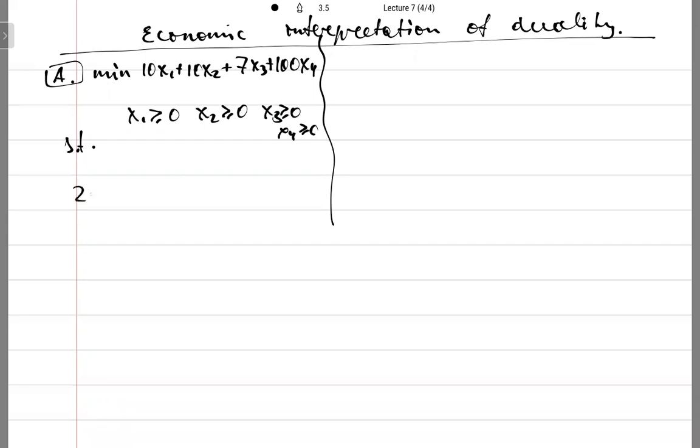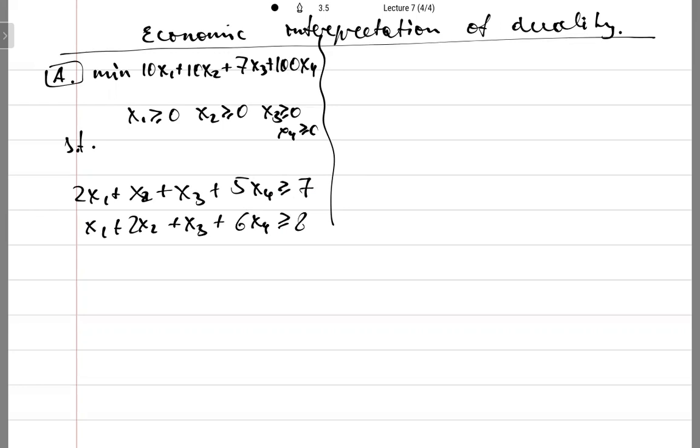I don't remember the constraints, but if I'm not mistaken, it was something like 2x1 plus x2 plus x3 plus 5x4 is greater than 7. Thank you. x1 plus 2x2 plus x3 plus 6x4 is greater than 8.